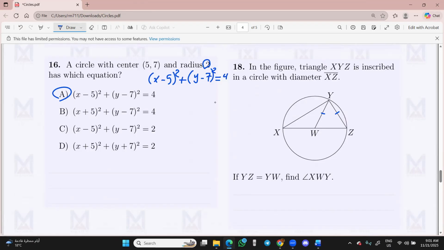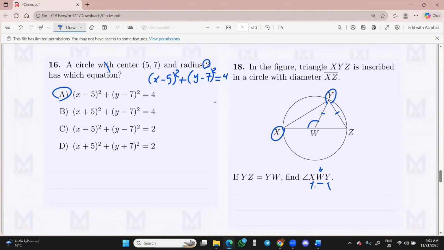YW is this one, which is the radius. And the question says find the measure of the angle XWY. When I say XWY, focus on the middle letter, W, but which angle, this one or this one, because we have two angles here. The angle that comes between X and Y, so we are talking about this angle. So find the measure of this angle.